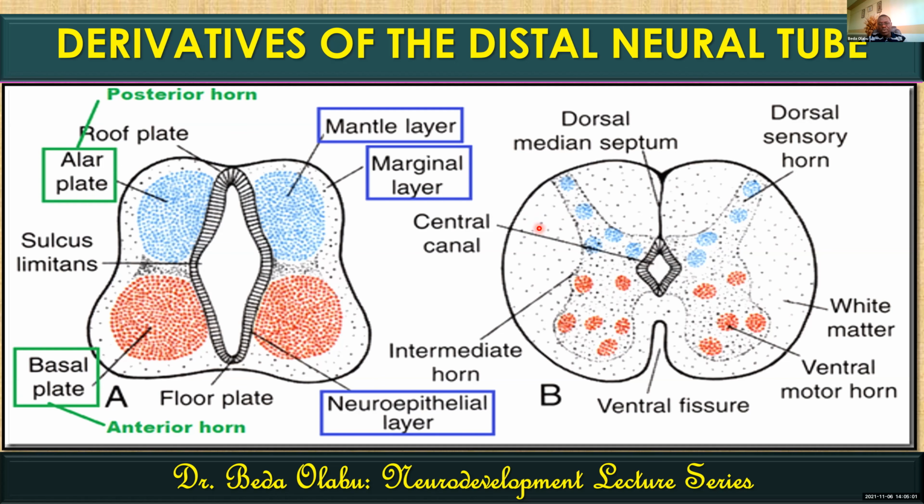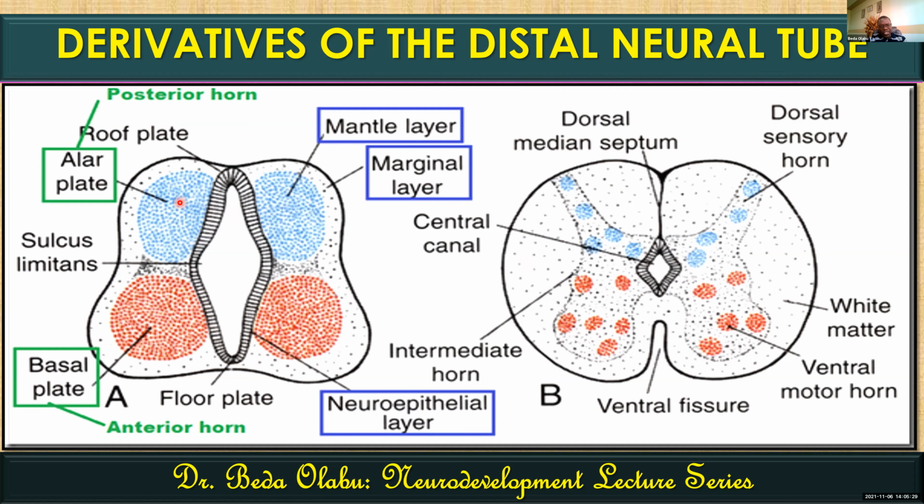That's why the spinal cord will have its white matter outside and the gray matter inside. Remember, the converse is true in the cerebrum and cerebellum. And perhaps when you look at the development of the brain, we will see why in the cerebrum the gray matter is outside to form the cortex.